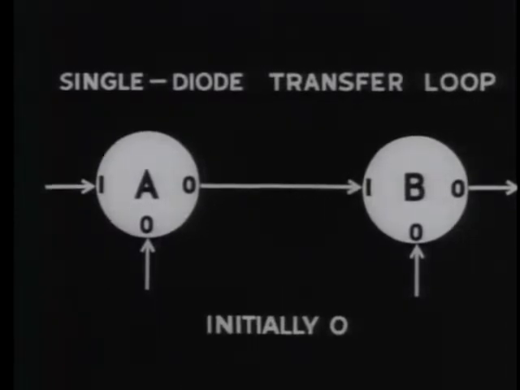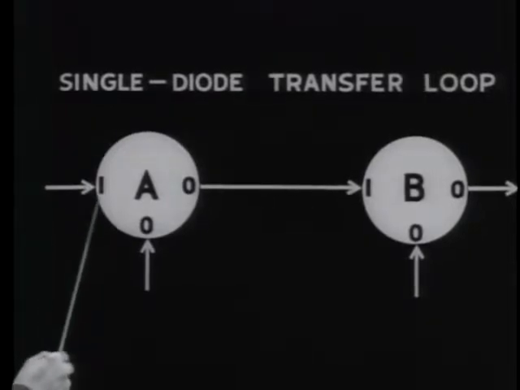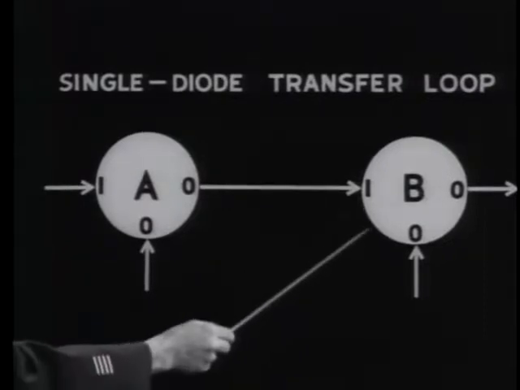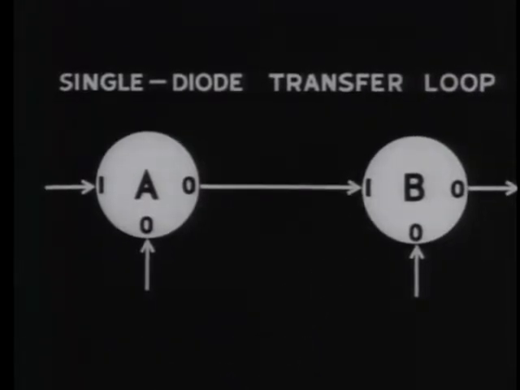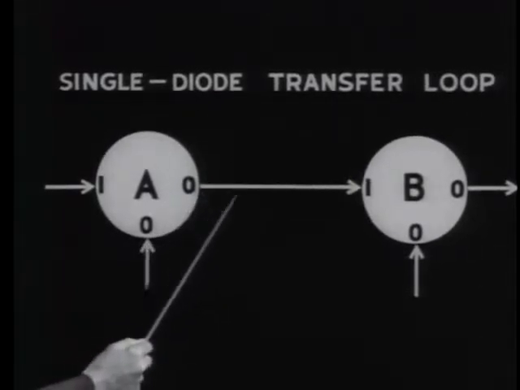The simplest of the three transfer loops has already been described: the single diode transfer loop. In the single diode transfer loop, we assumed that both cores were initially in the binary 0 state. A non-dot input pulse switched core A to the binary 1 state without affecting core B. Later, a dot pulse applied to the shift winding cleared core A back to 0. The flux change in core A produced an output there.